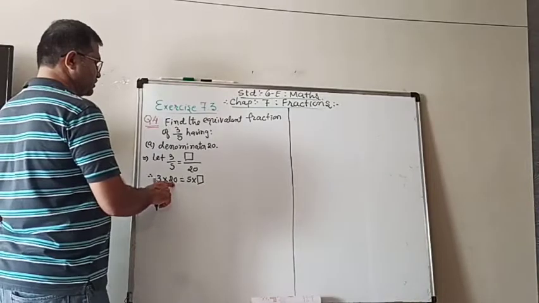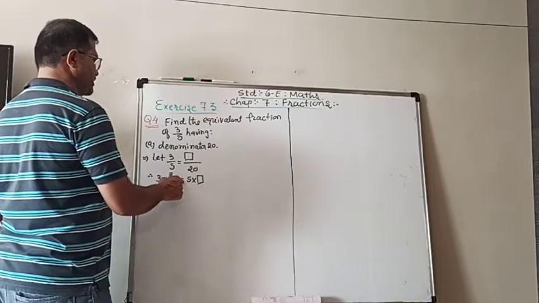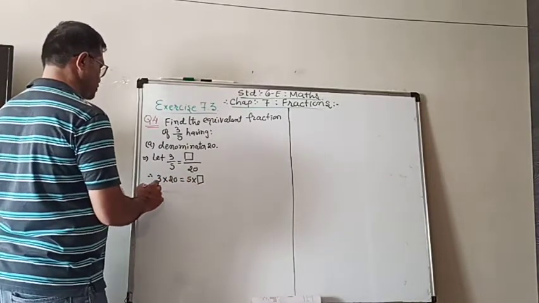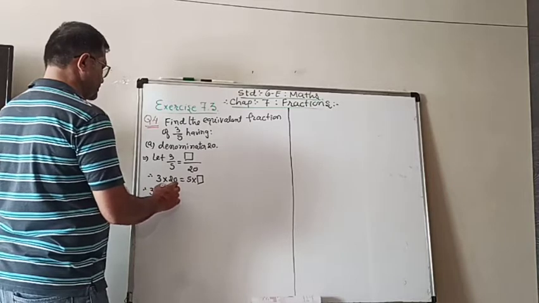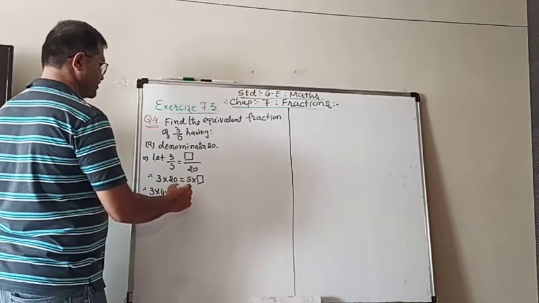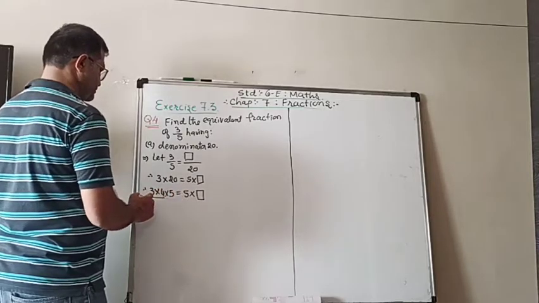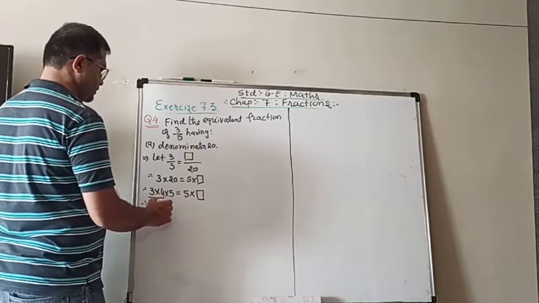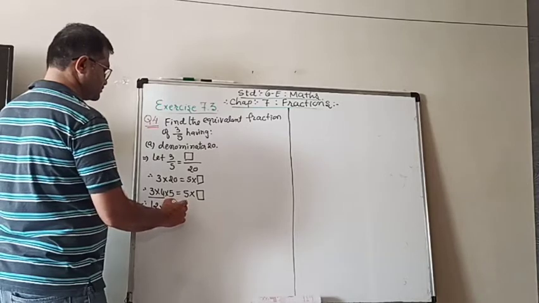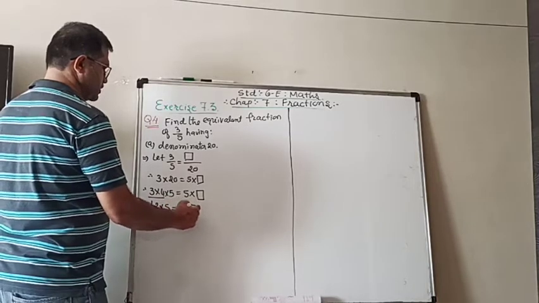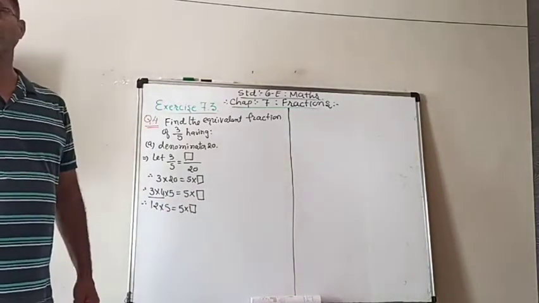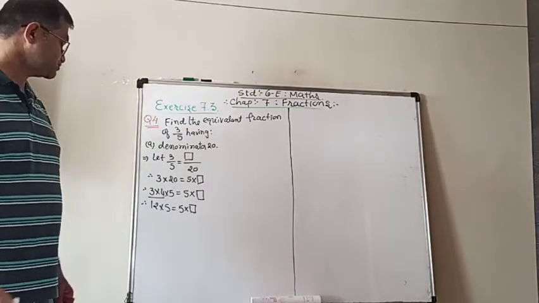So now 20 can be split as 4 5s are 20 to bring 5. So 3 multiplied by 4 5s are 20. So 5 we will keep. So 12 multiplied by 5 is equal to 5 multiplied by box.